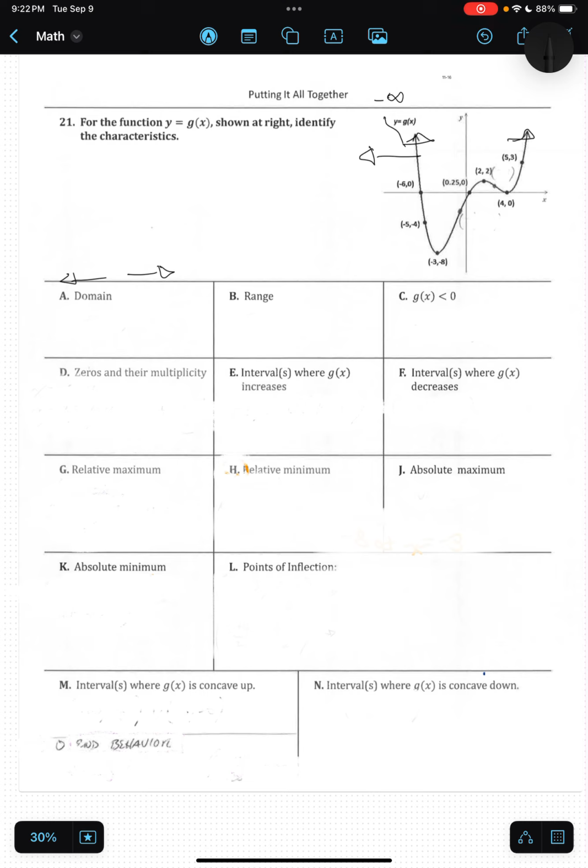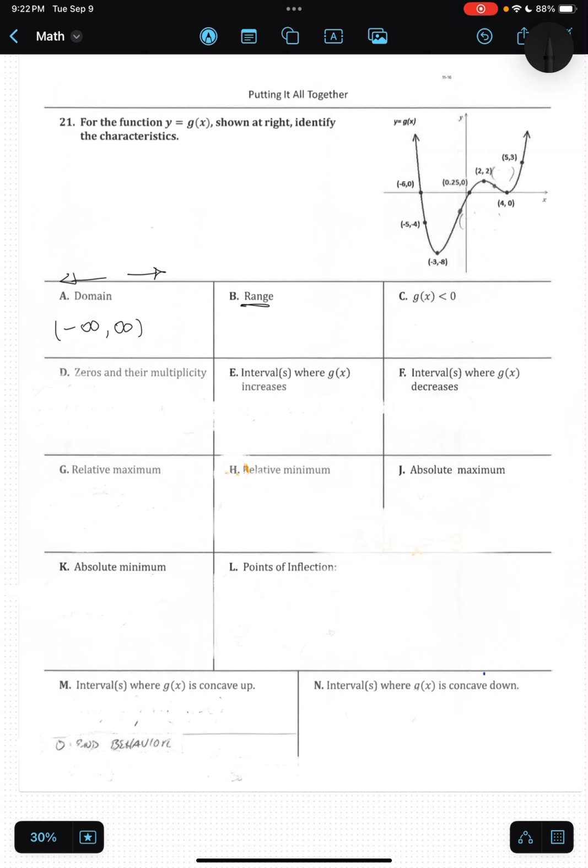It's going all the way left. And to the right, the graph is going all the way up in the positive right direction, so it's going to infinity. So our domain is negative infinity to infinity. And infinities always get parentheses.